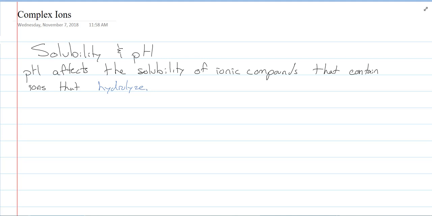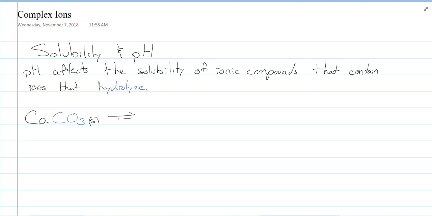For example, I have CaCO3 solid. Well, calcium is a group 2 metal. Calcium does not undergo hydrolysis. However, carbonate will undergo hydrolysis, as we know.